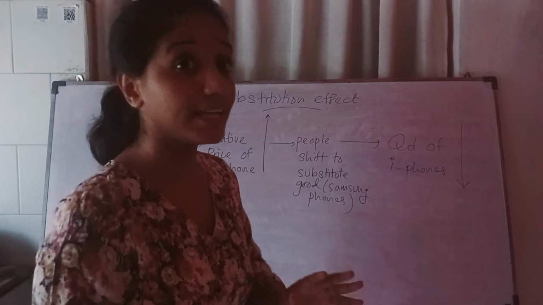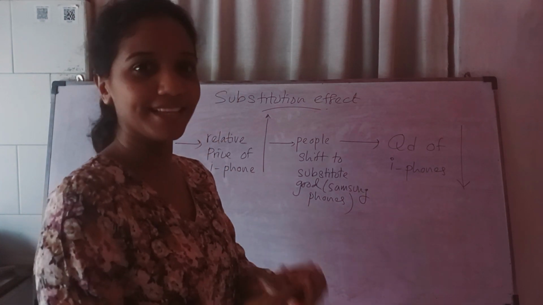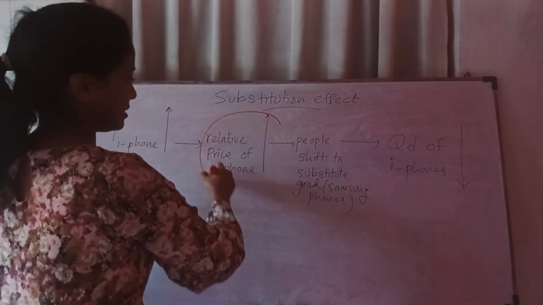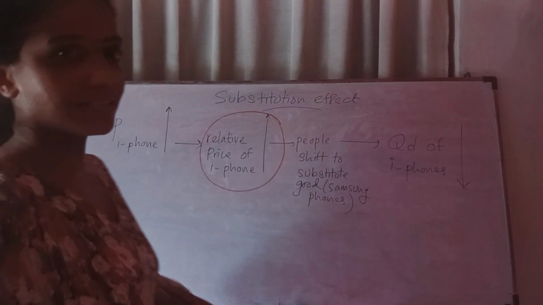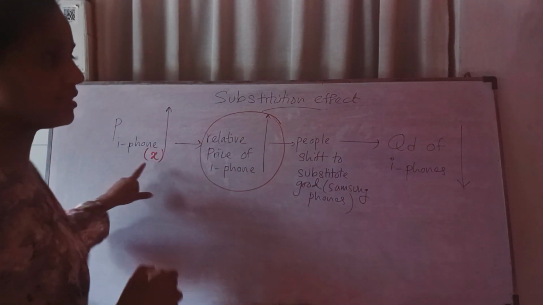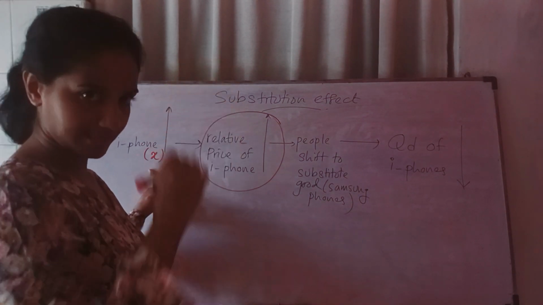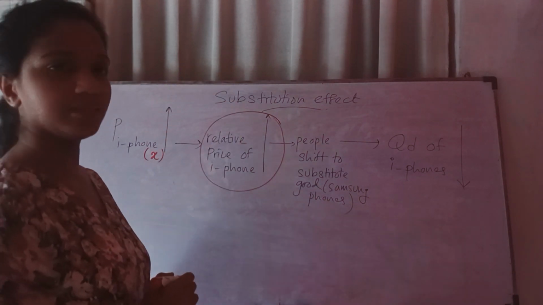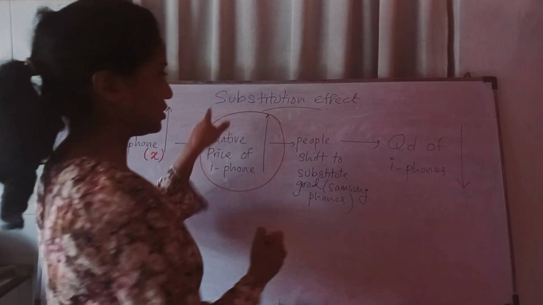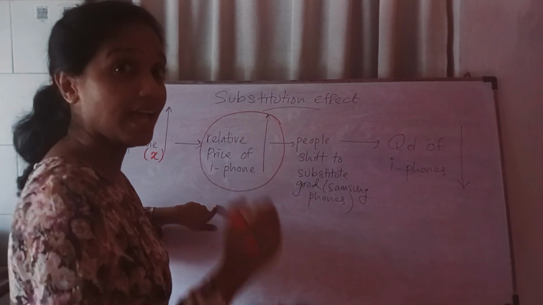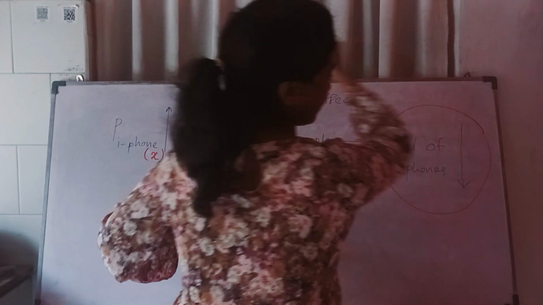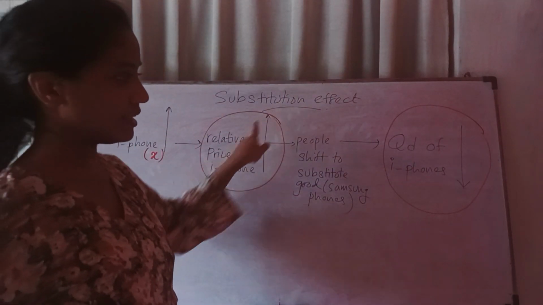There's a negative relationship between the relative price of the concerned good. Here, children, iPhone is our concerned good. The concerned good we can represent by X, right? If there's a negative relationship between the relative price of the iPhone and its quantity demand, here, children, you can see there's a negative relationship.